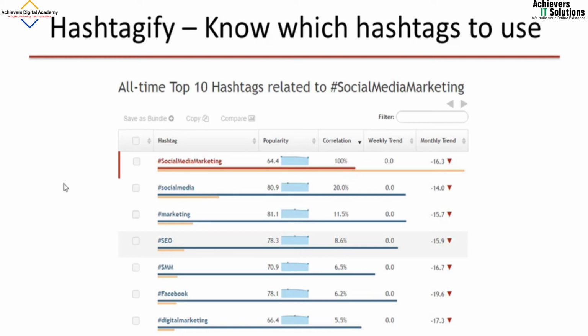So with this tool, you can enter your hashtag, it will find you similar hashtags, and it will tell you their popularity score. Based on this data, you can choose which hashtags you want to use in your tweets. So let's go to this tool live and take a look at how this works.